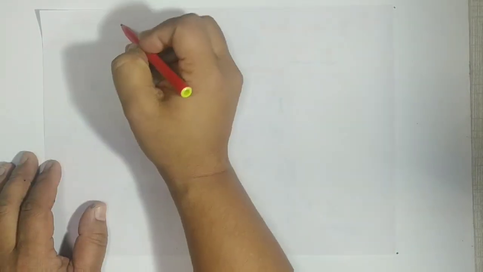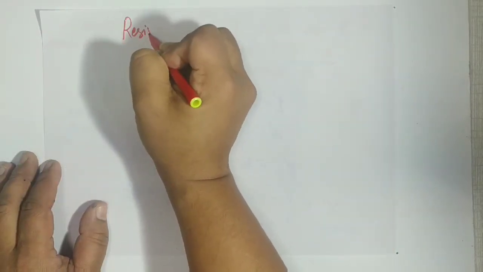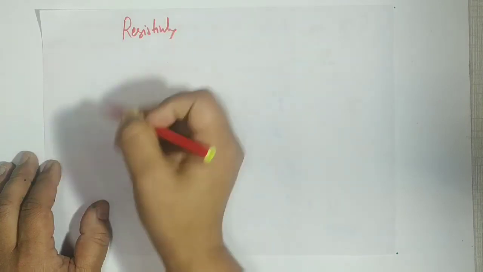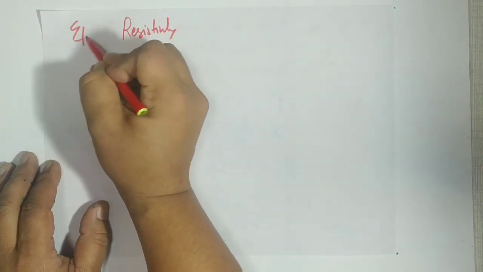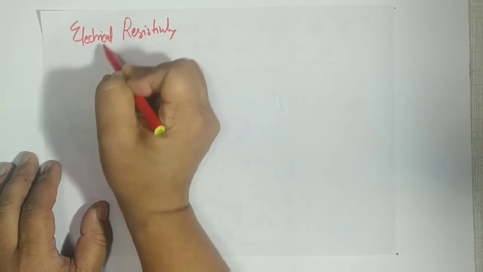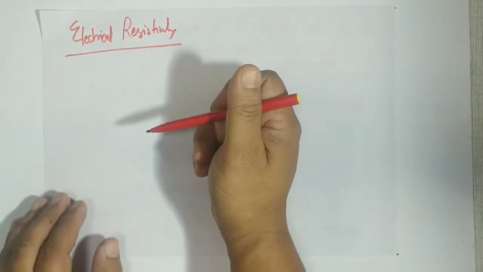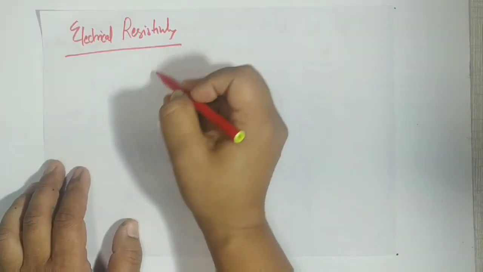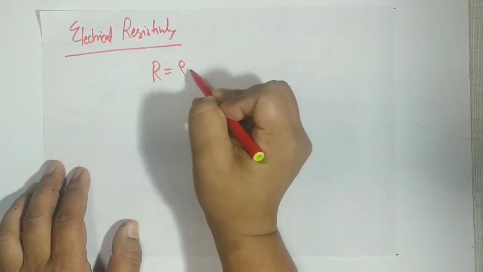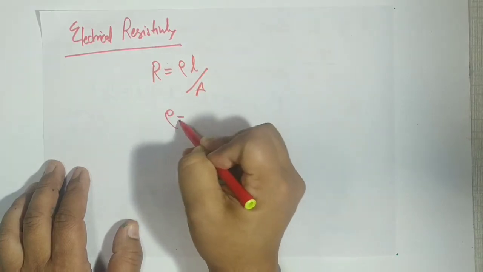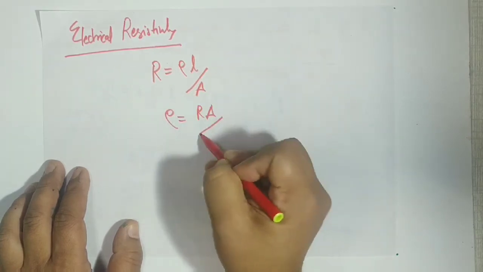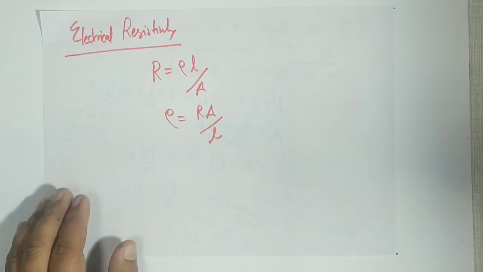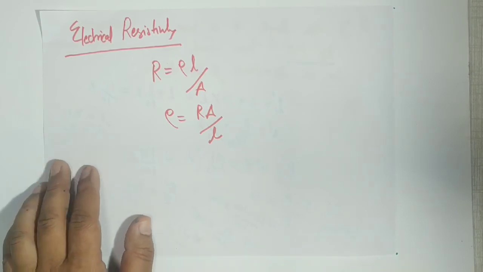Okay. Now after resistance, we have the word resistivity, electrical resistivity. Now for electrical resistivity, we know that R is rho L by A. Certainly rho is RA by L. So this is resistivity. How do you define resistivity?